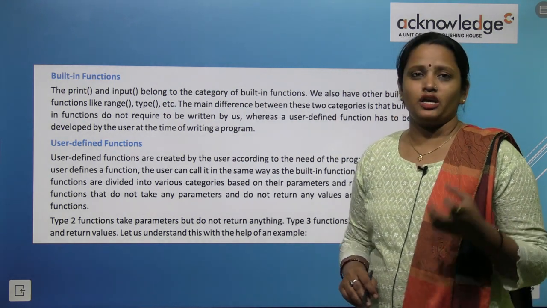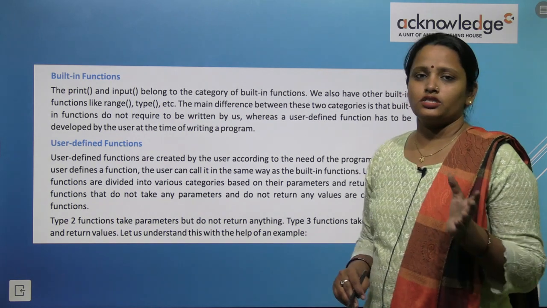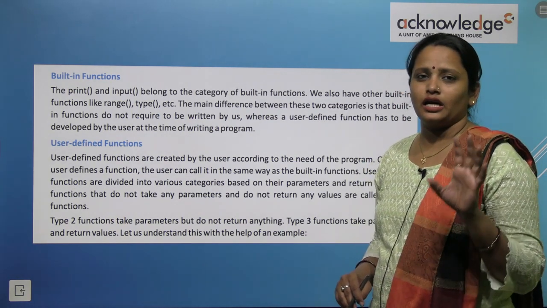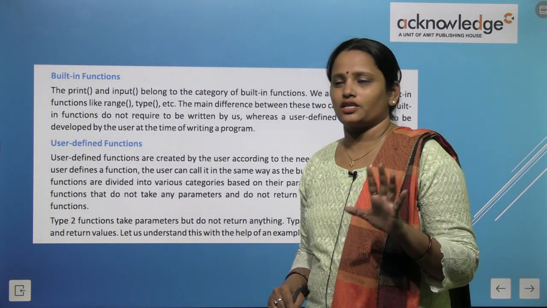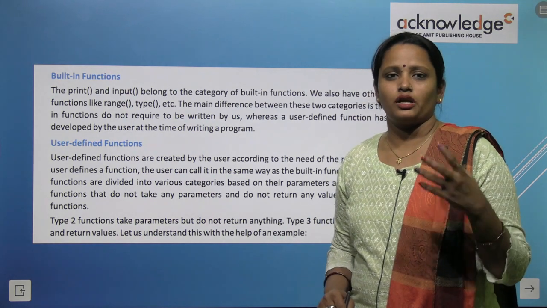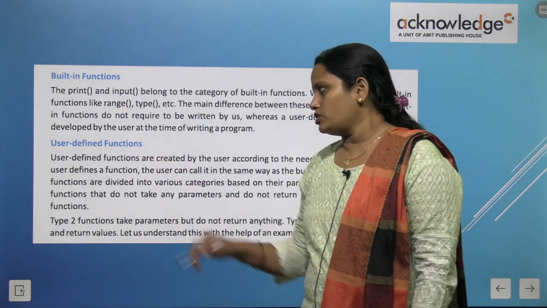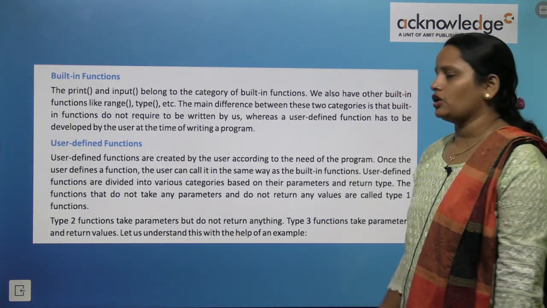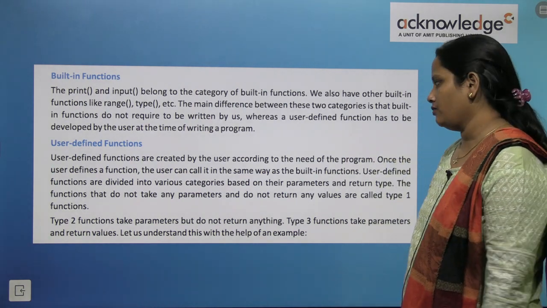So ये जो main difference है कि built-in function already built in है हमारे computer system में, हमारे Python में, so उसमें हम कोई भी change नहीं कर सकते, but अगर हम बात करते हैं user-defined function की तो उसको हम change कर सकते हैं, क्योंकि we are the user और हमारे according हम उसको time to time पे change कर सकते हैं. User-defined functions are created by the user according to the need of the program. So हमारे program की जो भी need है उसके according हम उसे change कर सकते हैं.